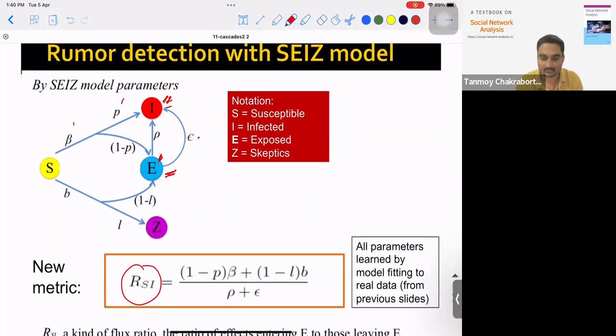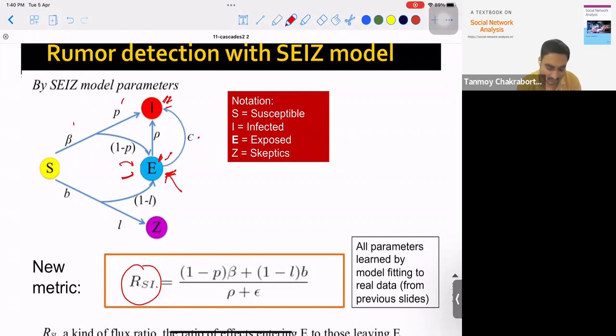Okay, so when somebody retweets a rumor, we will assume that that person has already got infected by the rumor. Okay, so the flux ratio is basically the ratio of influx by outflux, with respect to the state exposed.